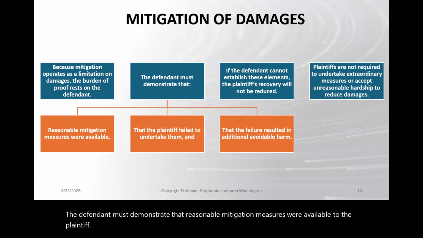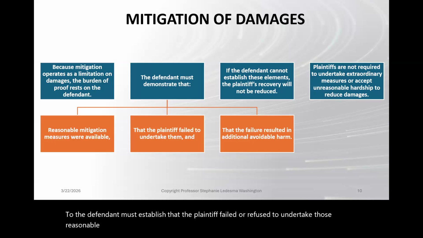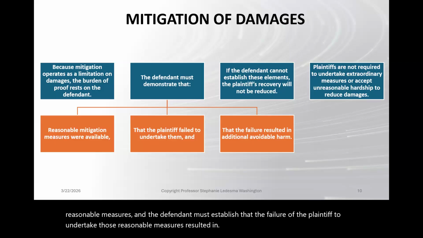Two, the defendant must establish that the plaintiff failed or refused to undertake those reasonable measures, and the defendant must establish that the failure of the plaintiff to undertake those reasonable measures resulted in additional avoidable harm.